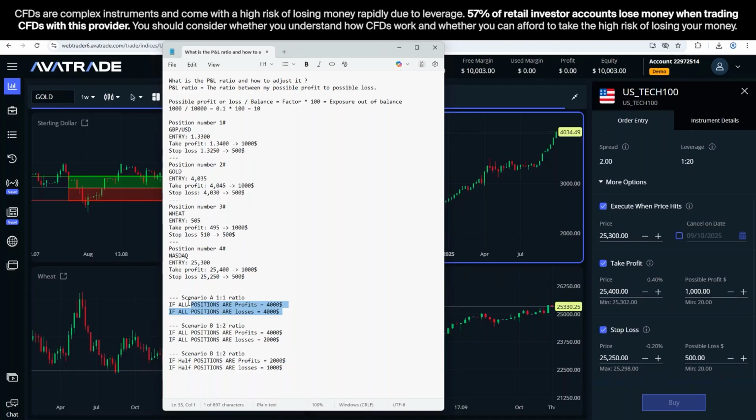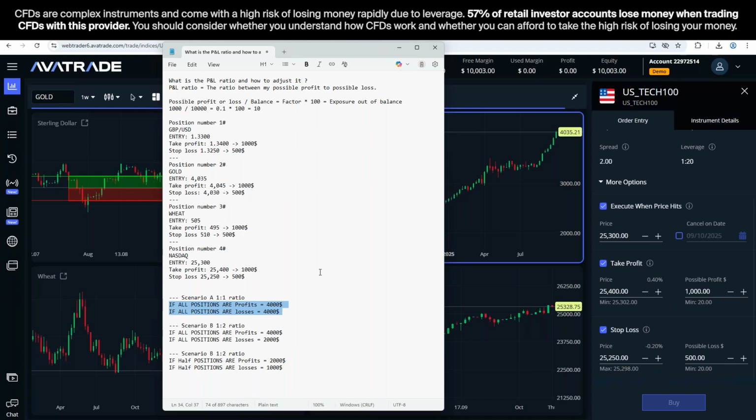See the first scenario that we did when everything was the same: if we lose one position and we profit with another position, we're at the same spot. We're not going to make any profits. Our net profit is not going to be higher. We're still going to be at square one.